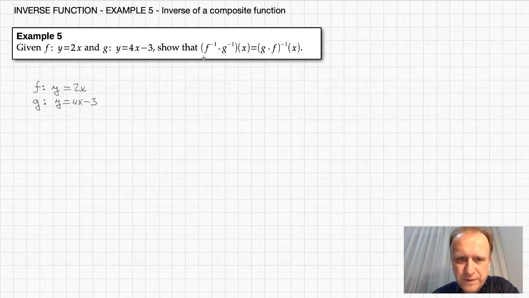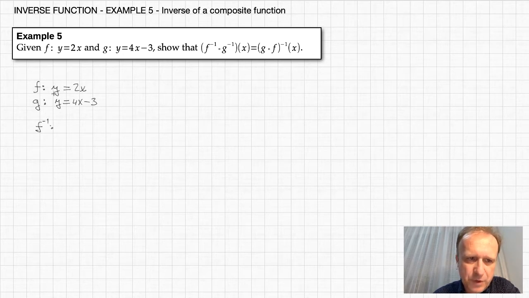To work out this problem, I will need to find the inverse functions to those two functions. So let me start with finding the inverse of f. Okay, what is the inverse of f? It is obtained by replacing y by x and x by y, so interchanging the variables x and y.